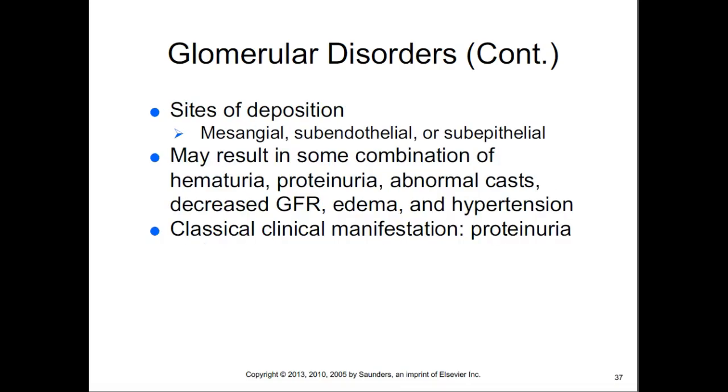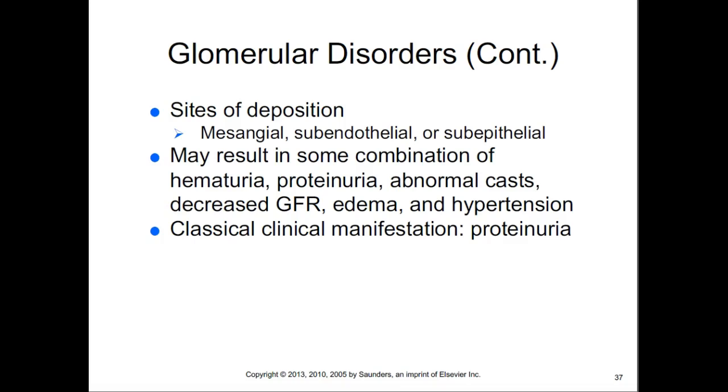The sites of deposition include the mesangial cells, the cells in between that function in contraction, and they could be subendothelial or subepithelial. This may result in some combination of hematuria, proteinuria, abnormal casts in the urine, decreased GFR, edema, and hypertension.